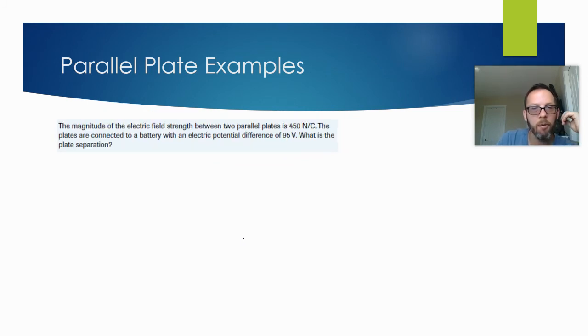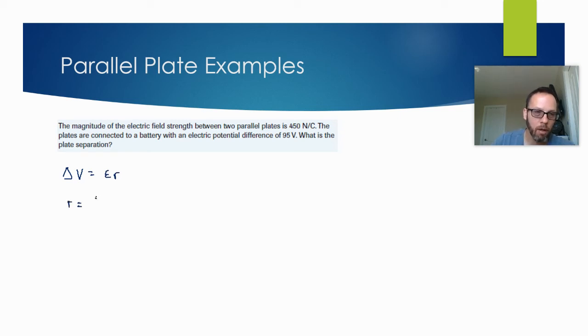Let's do a second example. So here we have the field strength. We have the plates connected to a battery, which makes a charge on each one. And that potential difference is 95 volts. What's the plate separation? So again, pretty relaxed question, just playing with the formula. Delta V equals epsilon times R. Here we're finding the plate separation.